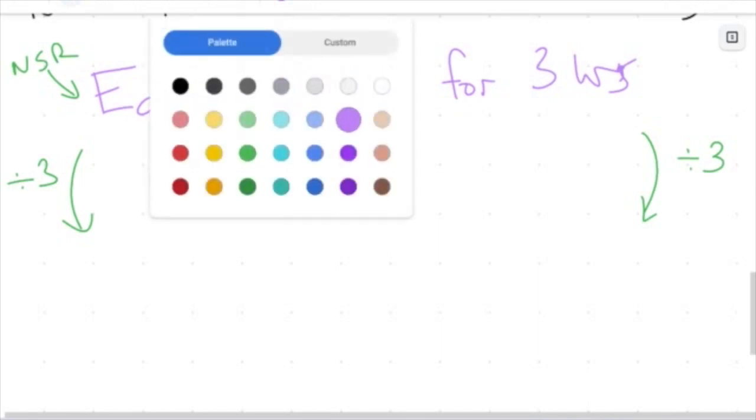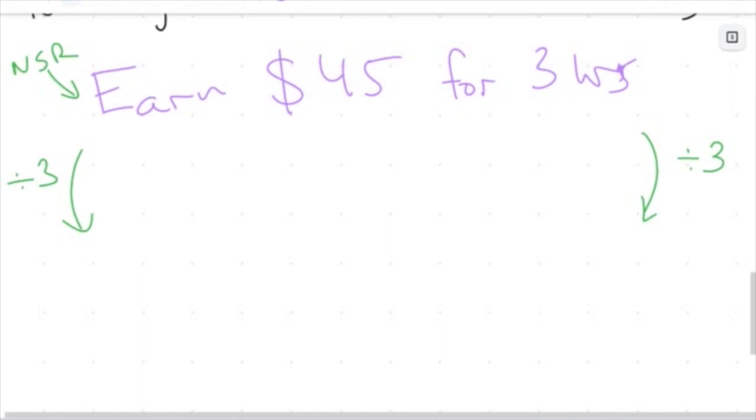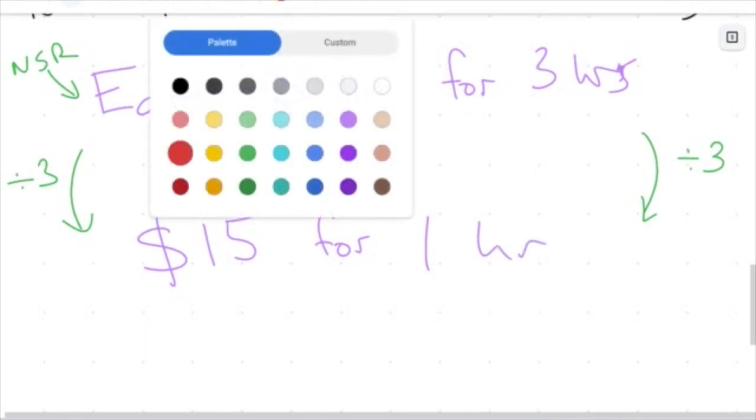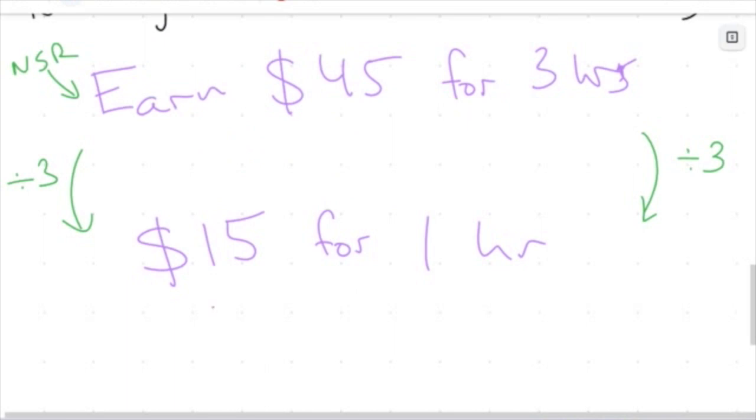So this I can write here as, when I divide 45 by 3, I get 15. And when I divide 3 hours by 3, I get 1 hour. Now this thing here is what we call a simplified rate.